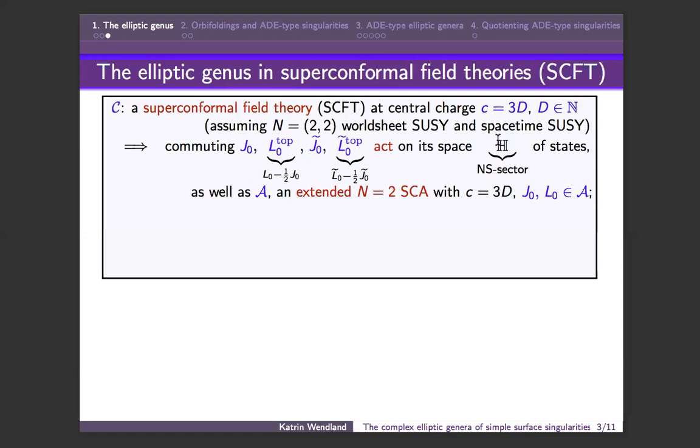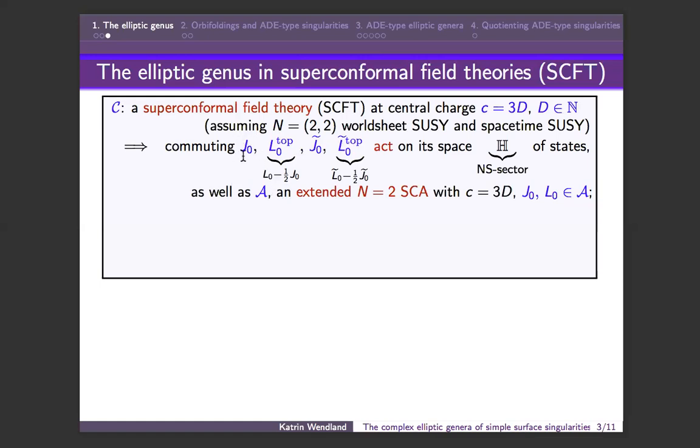Of course, there's a space of states. We can restrict our attention to the Neveu-Schwarz sector. And on the space of states, we have all these superconformal algebras acting, and there are 4 operators that play center stage here. That's J0, L0, and their right-handed, right-moving partners.